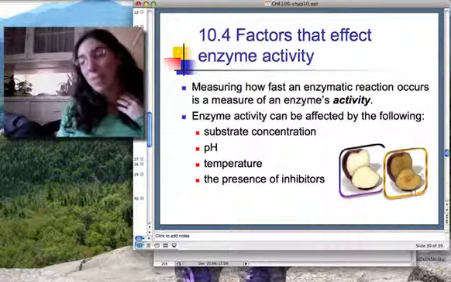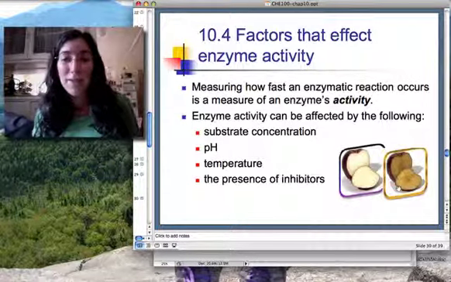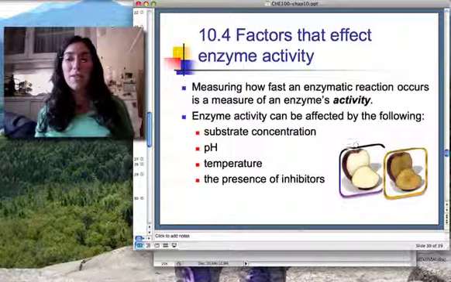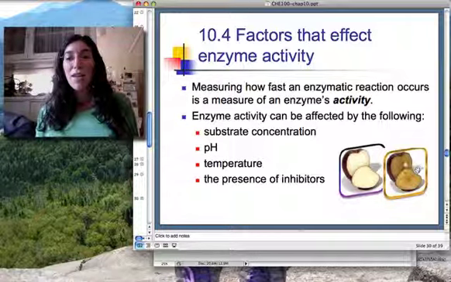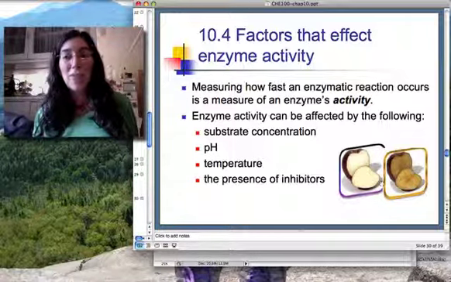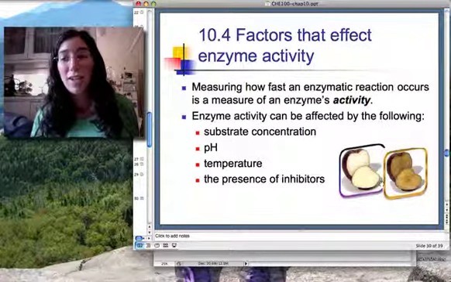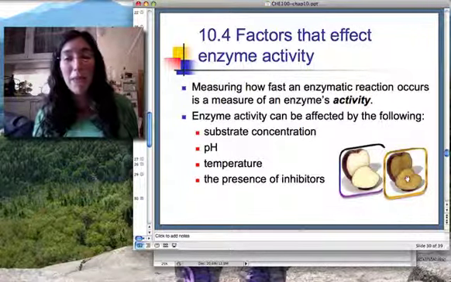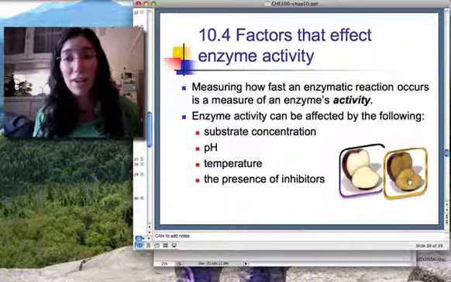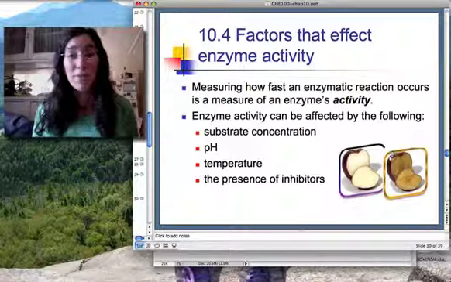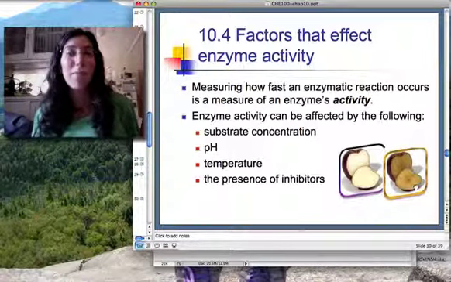Okay? The reason that the apple turns brown is because once you expose the inside of the apple to air, there's oxygen in air, and oxidation reactions occur with enzymes that cause it to turn brown.